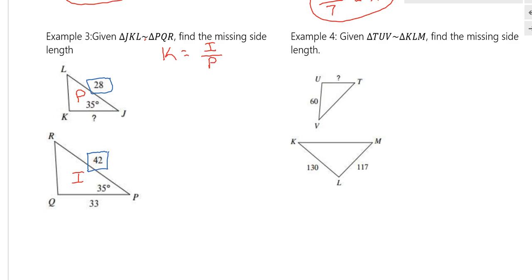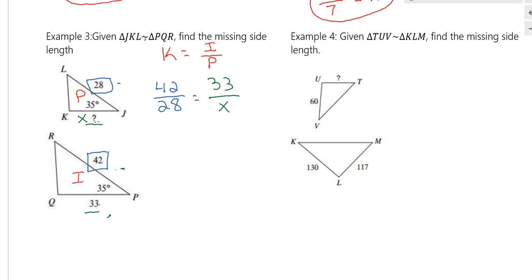So I over P should equal I over P for my other two sides. So 33 over, I don't know what this is, so we're just going to put an X there. Okay? So we're just setting up those proportions for I over P equals I over P because these triangles are similar.